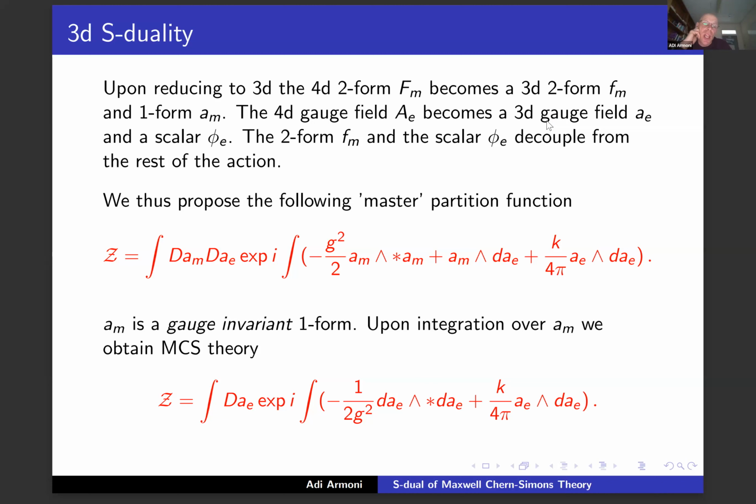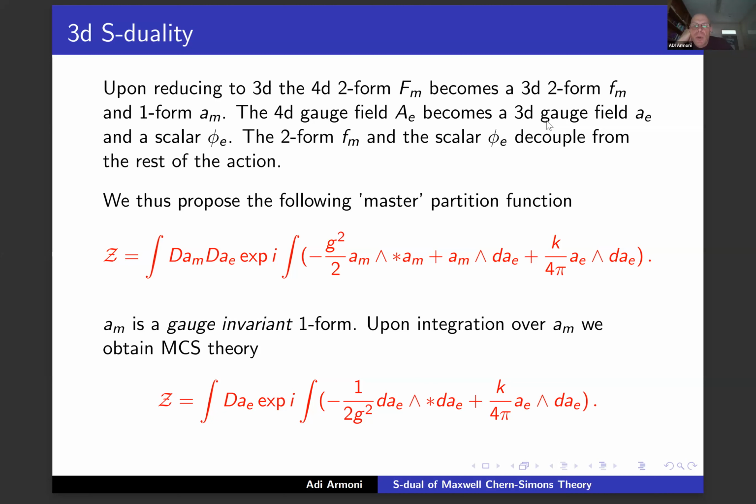AM is a gauge invariant one form, and AE is a gauge field. The first term, obtained from the dimensional reduction of capital FM, is minus g squared, AM wedge star AM. It looks like it is not gauge invariant, but no worries, because AM itself is gauge invariant. So it is a proper gauge invariant term.